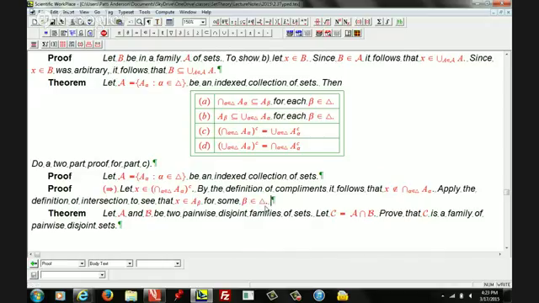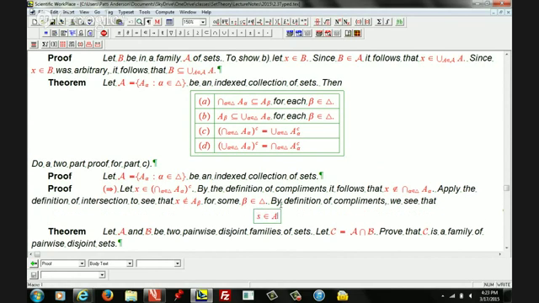And then that tells you, that's supposed to be a negated one right there. Let's get that negated. If it's not in A beta, apply the definition of complements. And then you know that x is in A beta complement. What does that tell you?